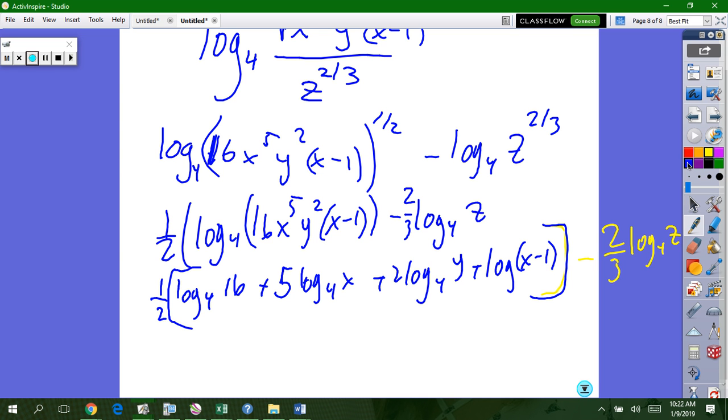Watch. The half is just right here still, right? So notice I did each individual thing. Log base 4 of 16, plus 5, because I brought him out front, log base 4 of x, plus 2 log base 4 of y, plus log base 4 of x minus 1.